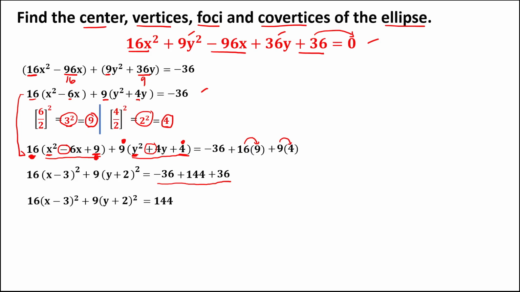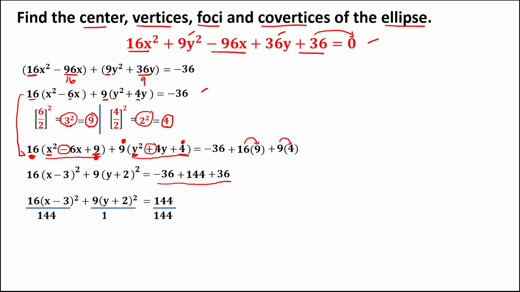Now take note that the equation of an ellipse is always equal to 1. Therefore, to make this equation equal to 1, we divide by 144 on all the terms.